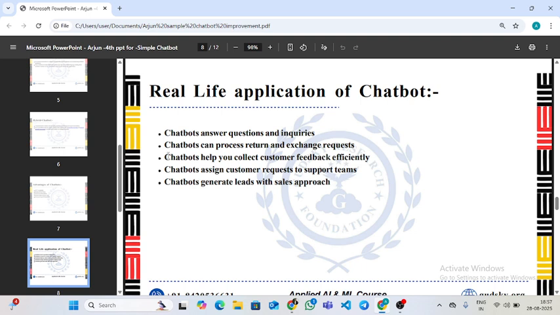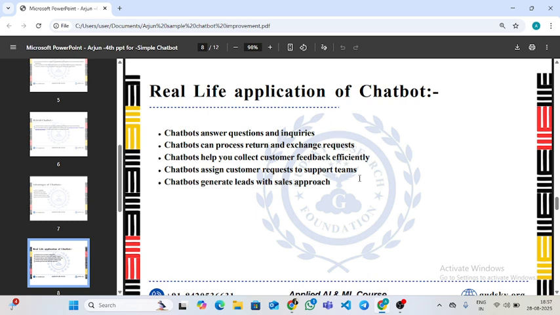So the chatbot assigns customer requests to the support team, meaning the teams which are managing and collecting data on what type of customer questions are asked and what type of responses are required. So this is the main real life application.